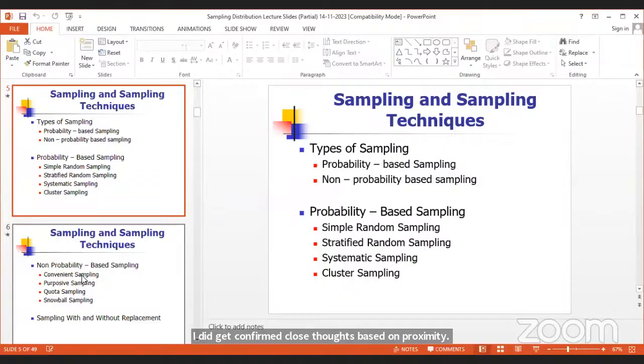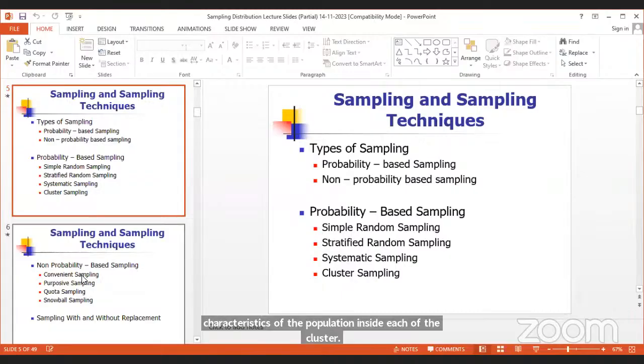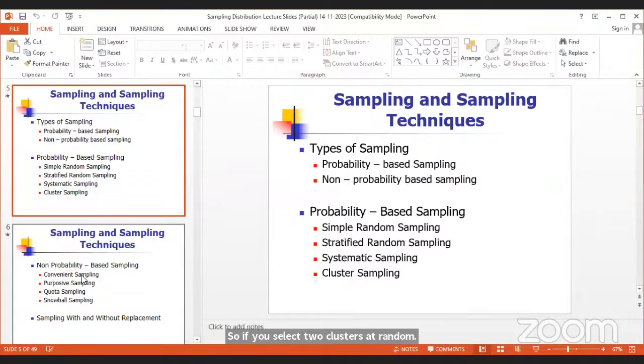Agege and Akwaja can form clusters based on proximity. So if you have formed all these clusters, and we all know that the units in each of those clusters are heterogeneous, that means you have almost all characteristics of the population inside each of the clusters. So if you select two clusters at random, all the units in the selected clusters will now represent your sample. You are likely to have a better representation of the population.